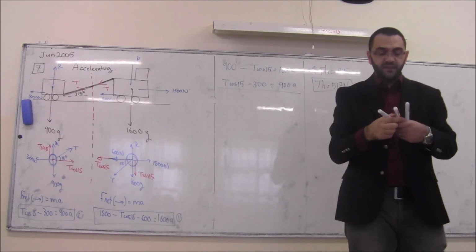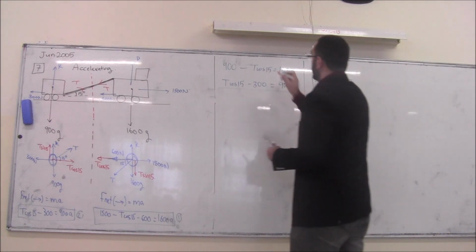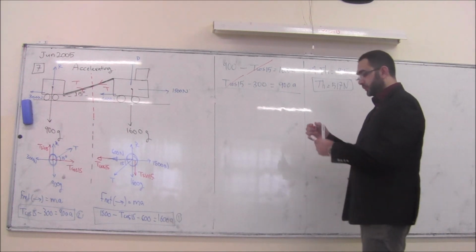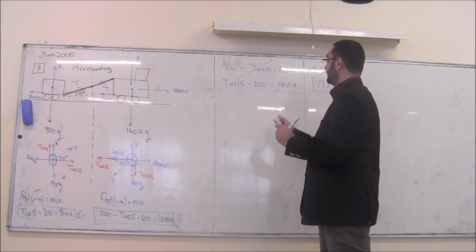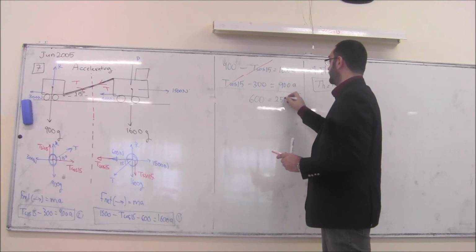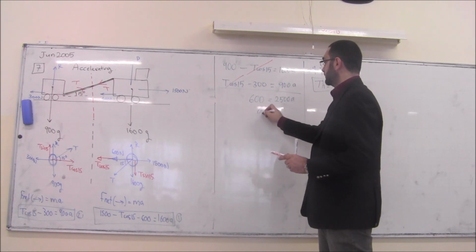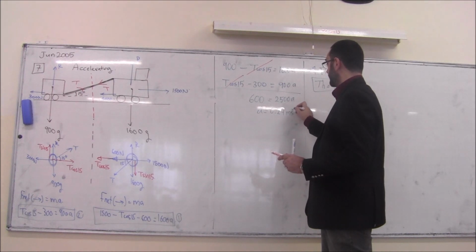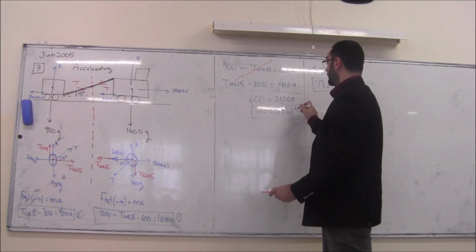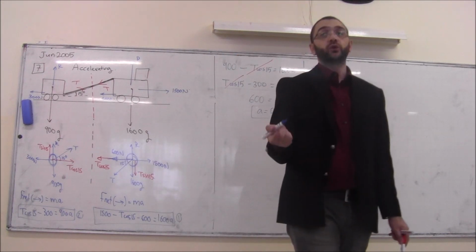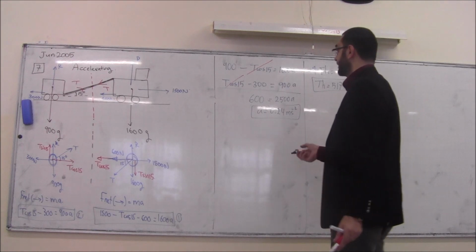Easily, simultaneously, the T terms will cancel out. Eventually we have 600 equals 2,500A, so A equals 0.24 meters per second squared. If we found A, we can substitute it in either equation 1 or 2 to find the tension.